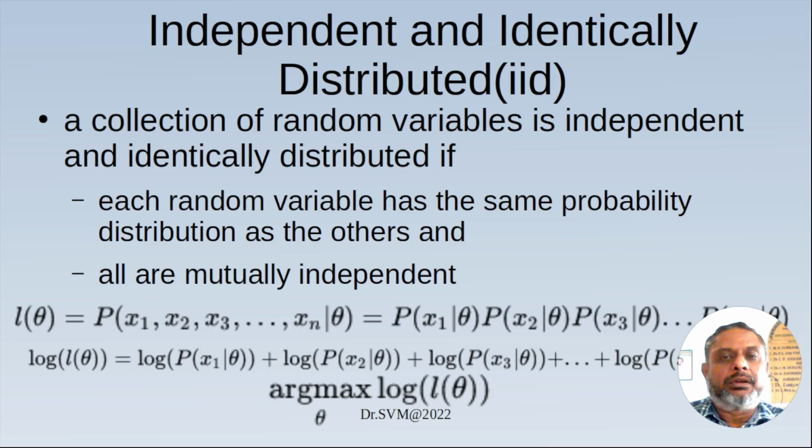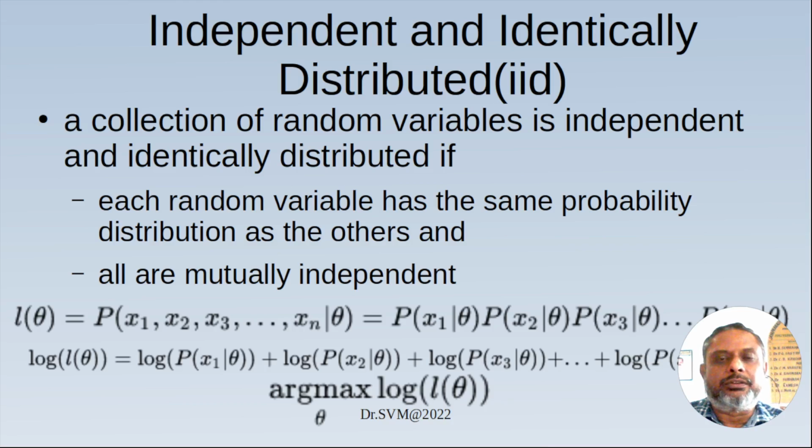When it comes to independence, we get the liberty to use this mutual independence for computing the joint probability as a product of the probabilities of each one. Computing this product is usually a bit time consuming at machine level.